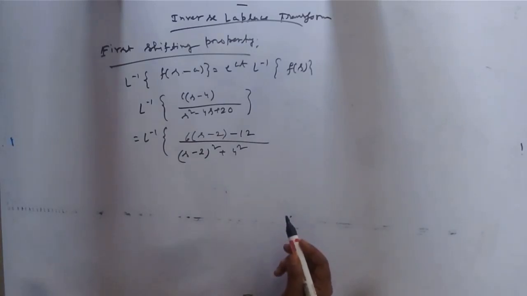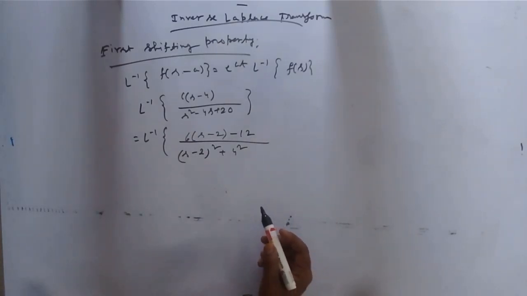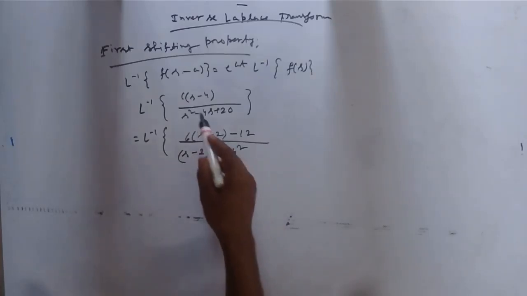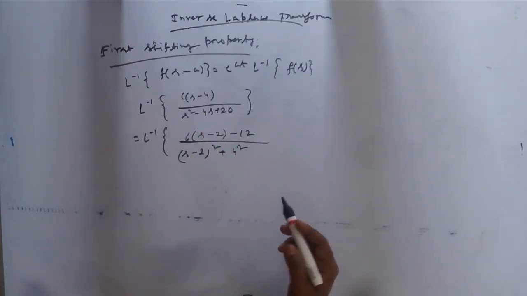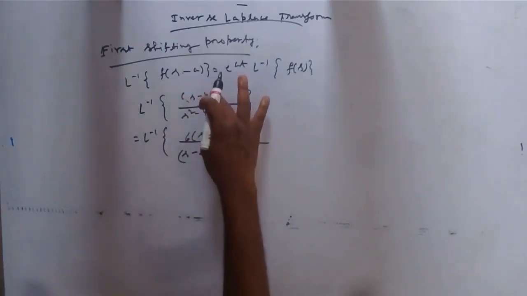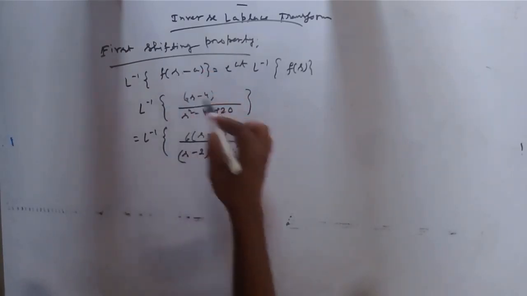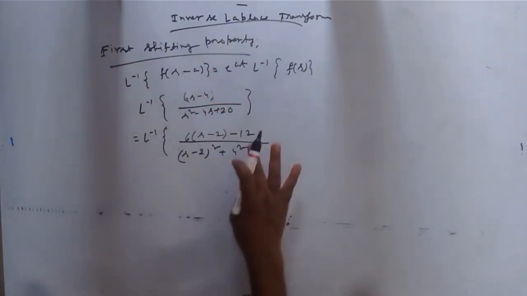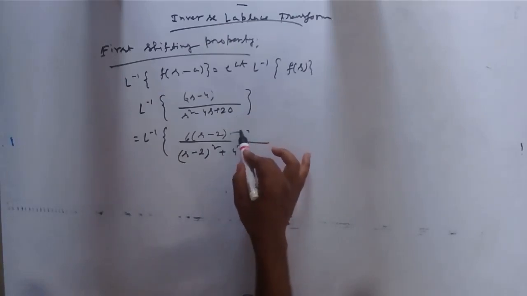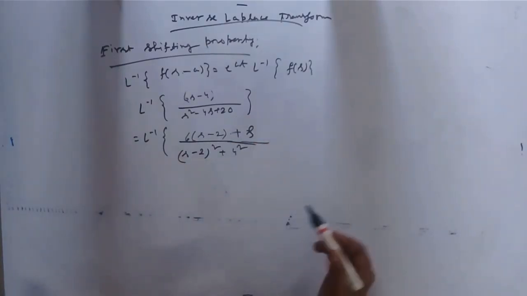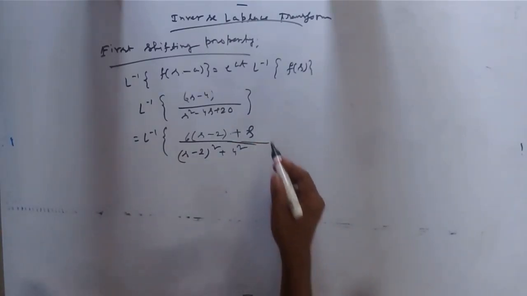So 6s minus 4 is 6 into (s minus 2) minus 12 plus 8, this will be plus 8 minus 4.